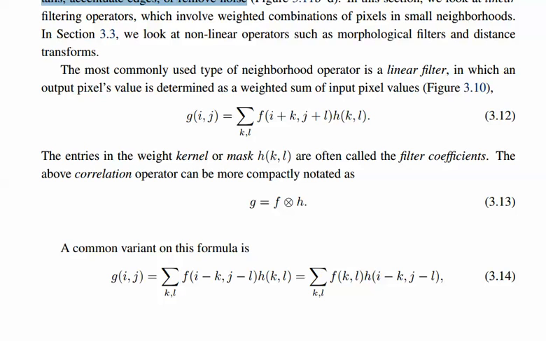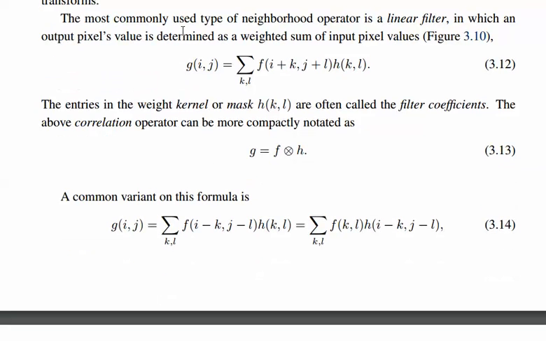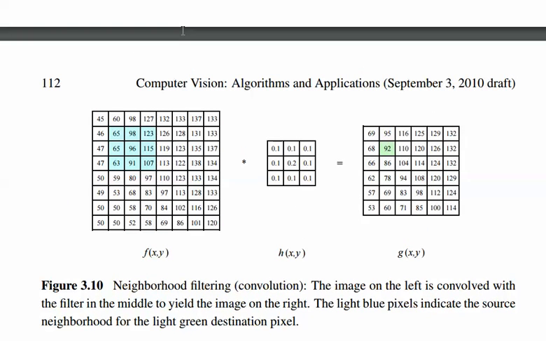We need to review an important operator that we will need for linear filtering, which we call convolution. Figure 3.10 has a very nice example about convolution. To the left, where we have f of x comma y, let's suppose that this is our image, and h of x comma y is what we call the mask of the filter.